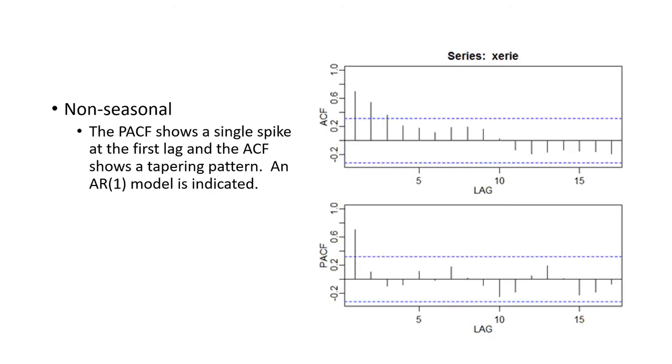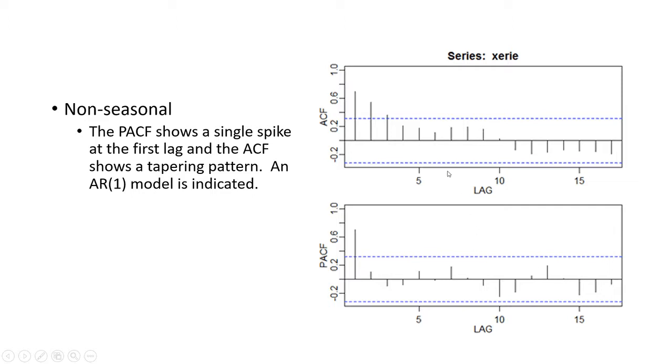How do we know whether there is an important non-seasonal or seasonal pattern in your data, or there is none? You can use PACF, right? So the PACF here shows a single spike at the first lag, and then there's no more.